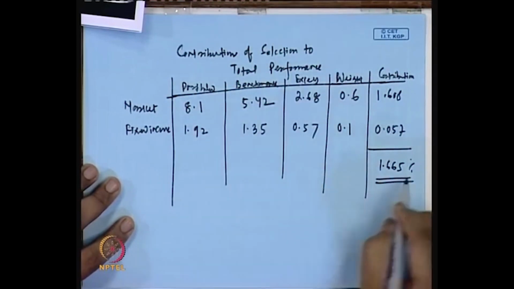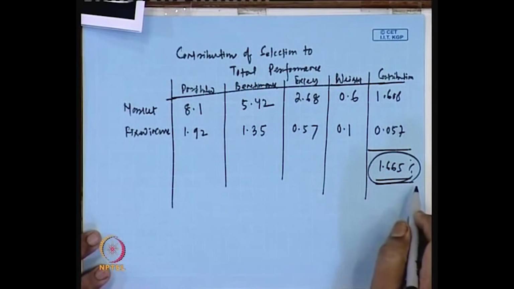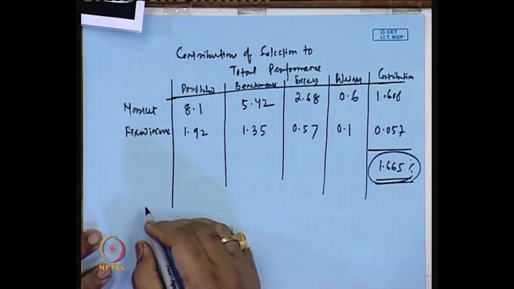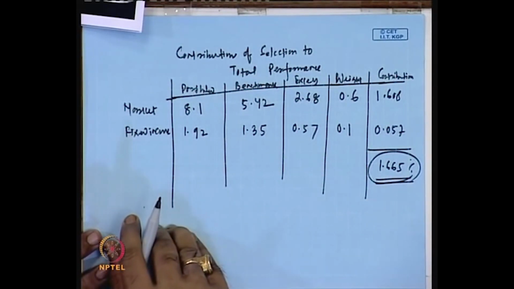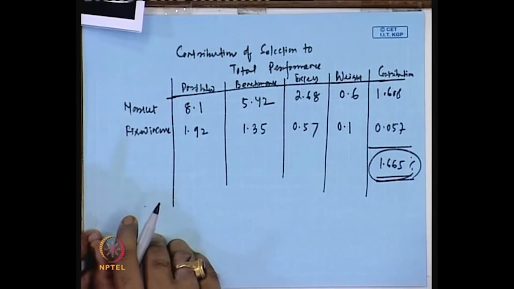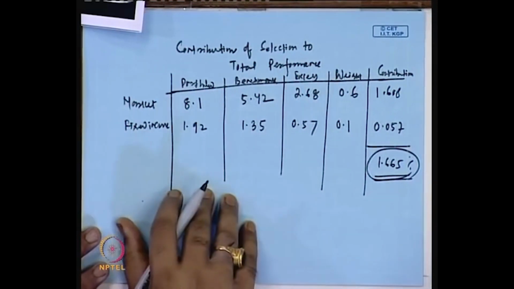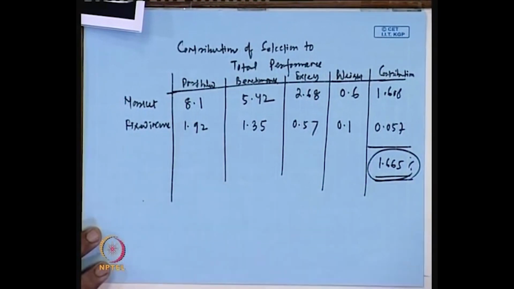Because of the better selection, we get 1.665%, and because of the better asset allocation, we got 0.281%.